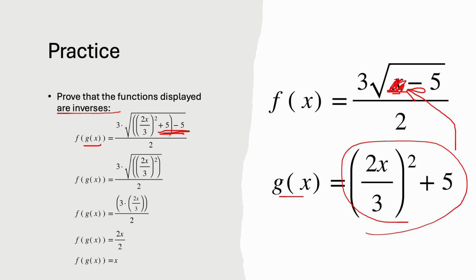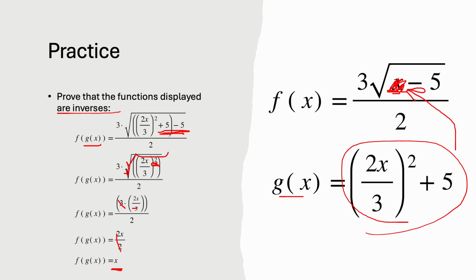Then we have this square and a square root, and those cancel out. So we just get rid of this and the square. Now we have 3 times 2x over 3, over 2. Well, the dividing by 3 and the multiplying by 3 can cancel out. So then we just have 2x over 2, and the 2 and the 2 cancel out, and so we just have x. And so these are inverses.